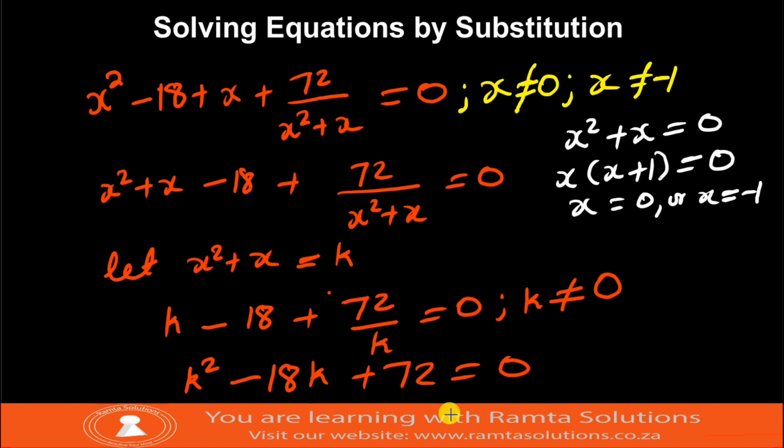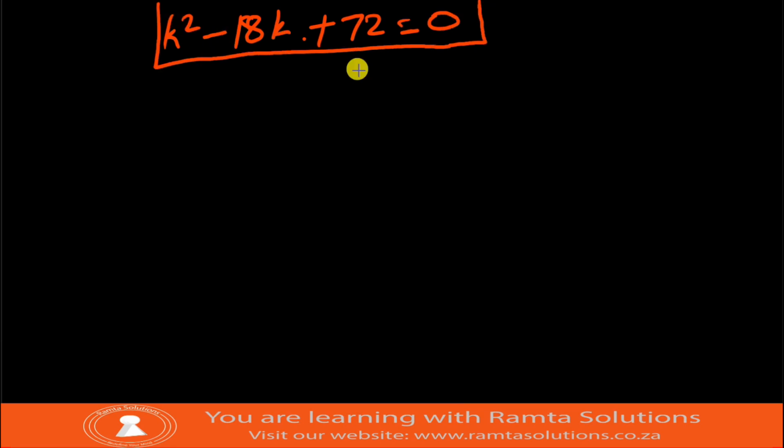Okay? Let me rewrite that expression, k squared minus 18k plus 72 equals 0. I'm just writing it to remind myself.